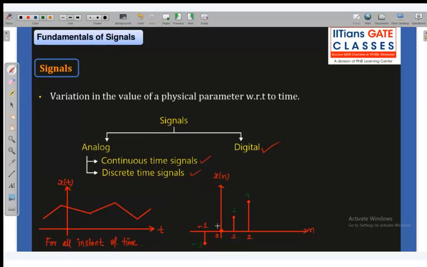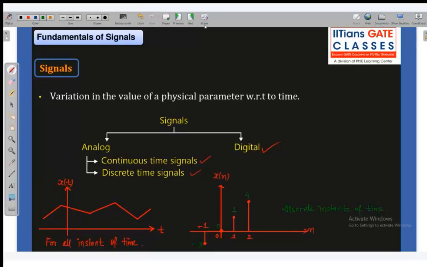The green ones are the values of the signal at different time instants. So only integer values it takes, so it is called discrete instant of time.